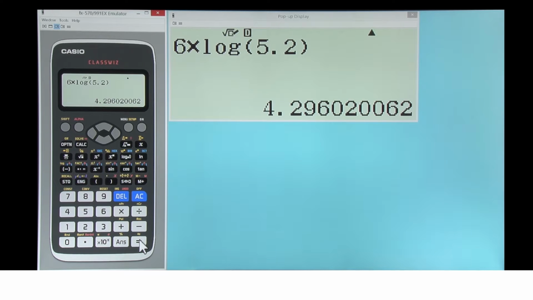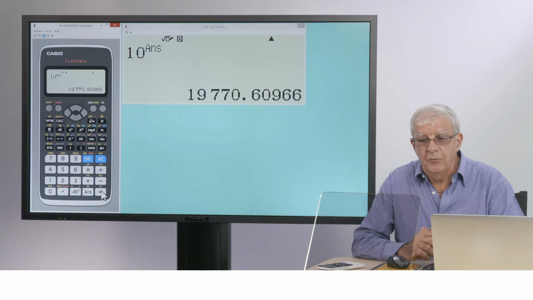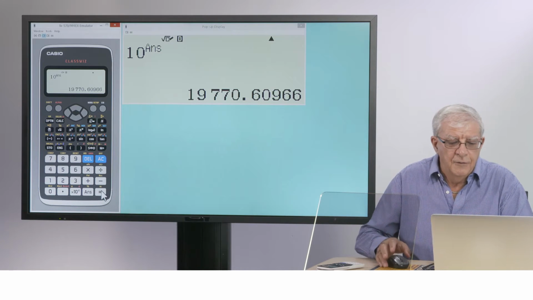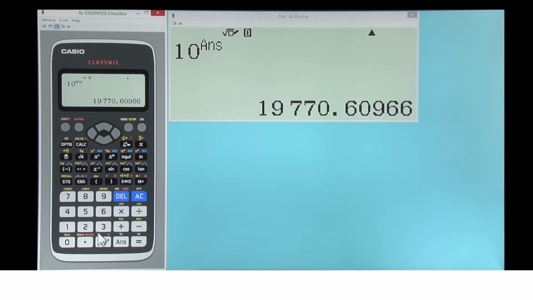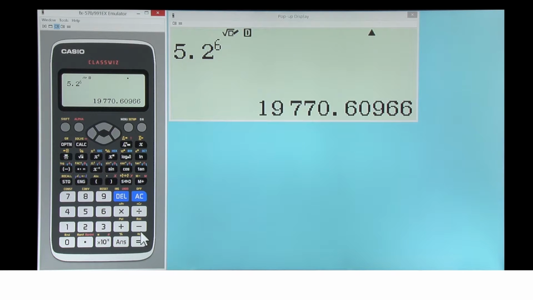And to see what the result was, we need to raise 10 to that power. So 10 to the power of that previous answer gives us a very complicated result. And of course, these days, the calculator does that directly. So 5.2 to the power 6 gives that same result.